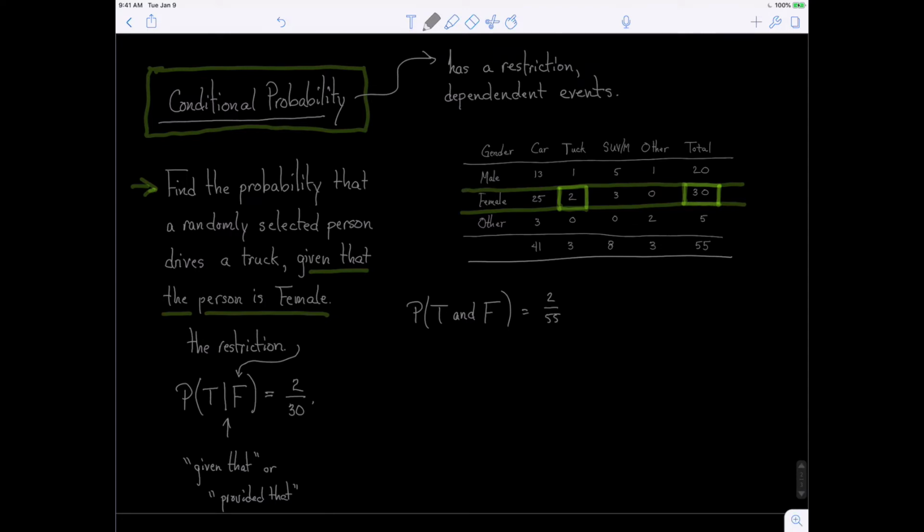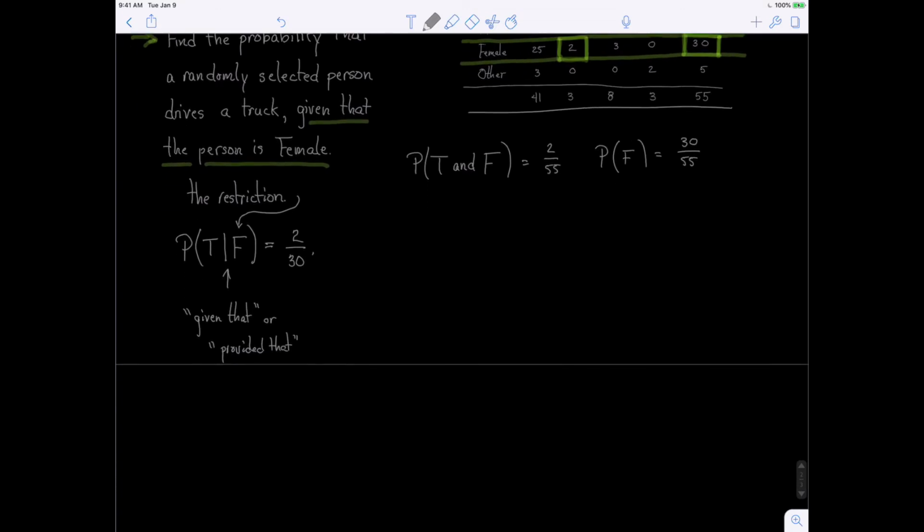The next piece is the probability of a female, and that's 30 out of 55. Notice we're using the same numbers as in the above problem, but in a different way.